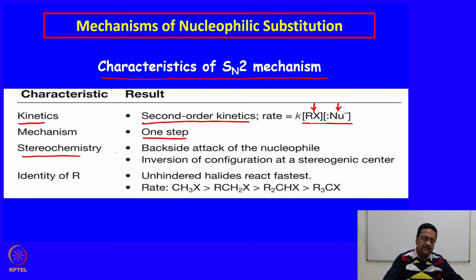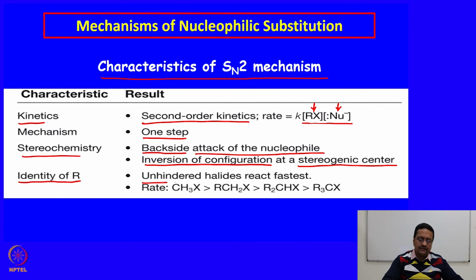The stereochemistry indicates backside attack of the nucleophile and inversion of absolute configuration at any stereogenic center, and it depends on the identity of R. Unhindered halides react faster compared to hindered halide groups. So, here we could understand a few features of the SN2 reaction.